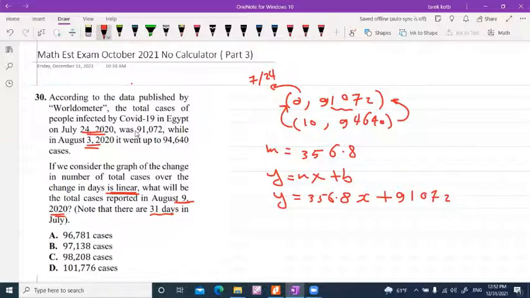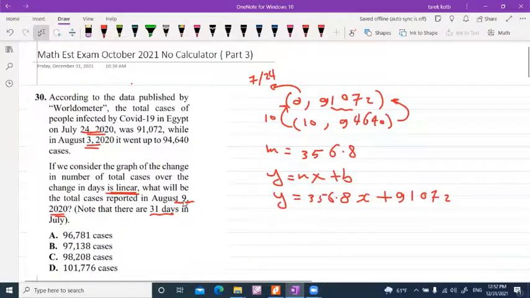Now I want to get the total infected people at August 9. August 9 is after how many days? From July 24 to August 3 is 10 days, and from August 3 to August 9 is another 6 days. 6 days plus 10 days will be 16 days from July 24th.